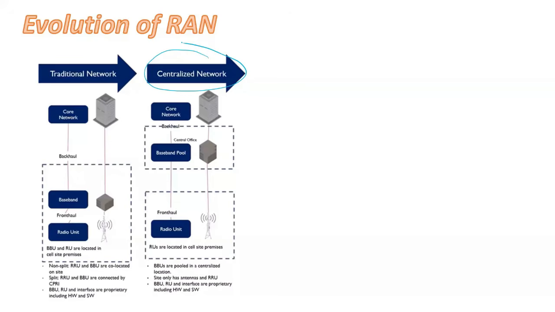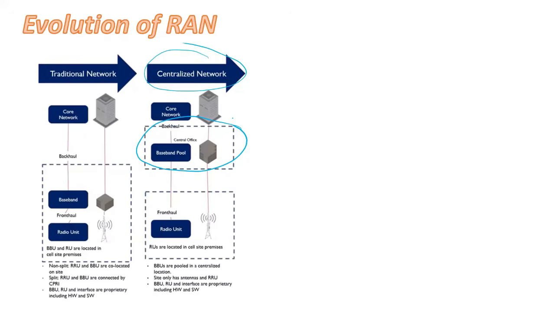This approach can help reduce cost and improve network efficiency. What happened here is that the baseband unit, previously located in the premises of the cell site, is now located in the central office. We call it the baseband pool, and in some technologies, the baseband hotel as well.